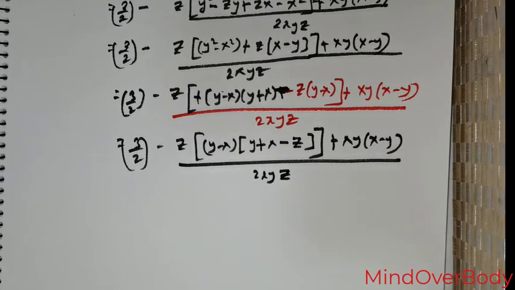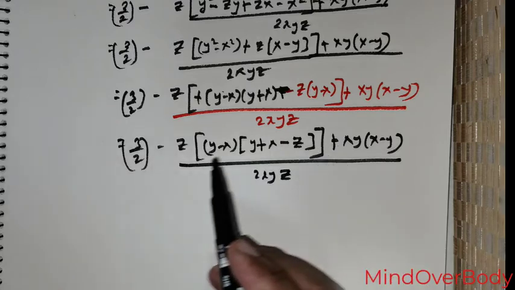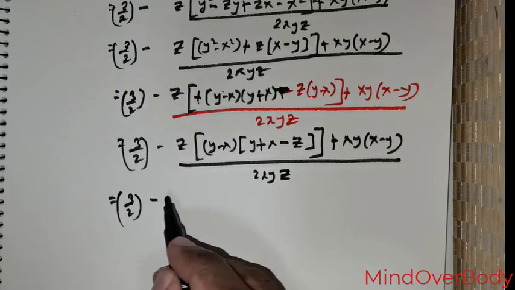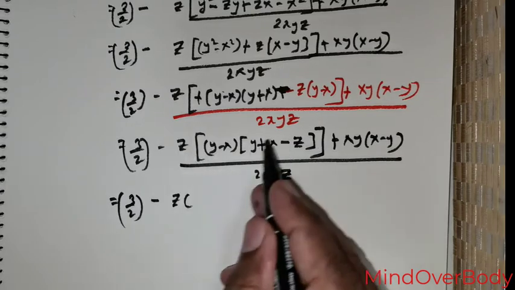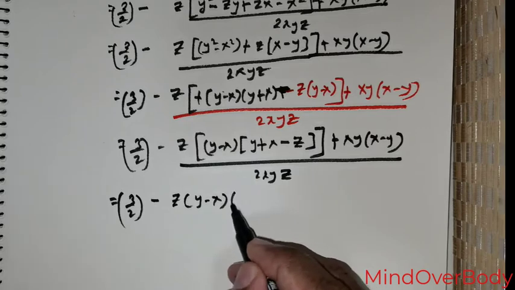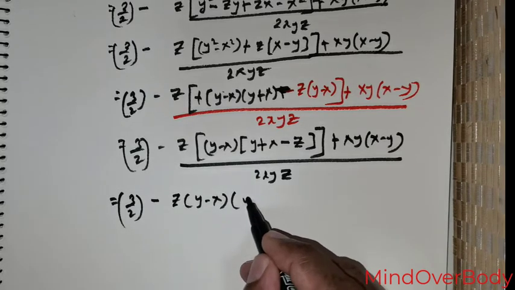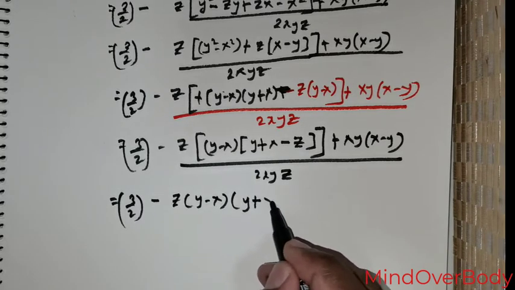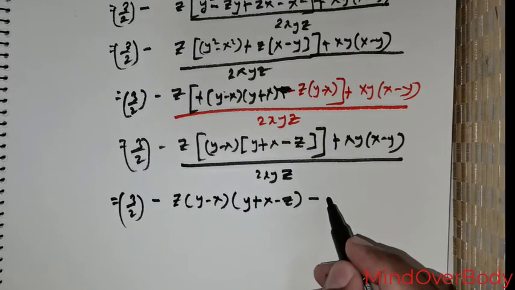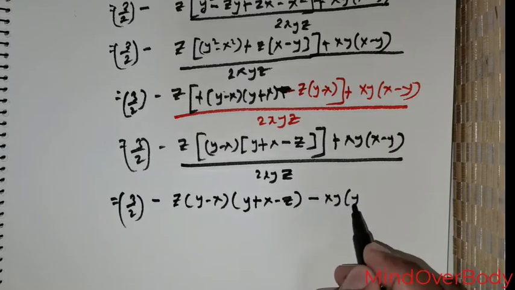xyz. So now what I wish to do is I want to rewrite this as 3 over 2 negative z times, I want to bring in this z inside, so y negative x times y positive x negative z, and I want to take the negative sign out, so that's going to be xy times y negative x.